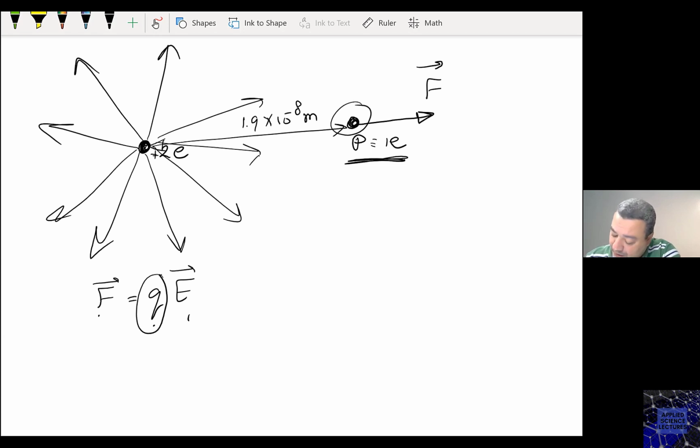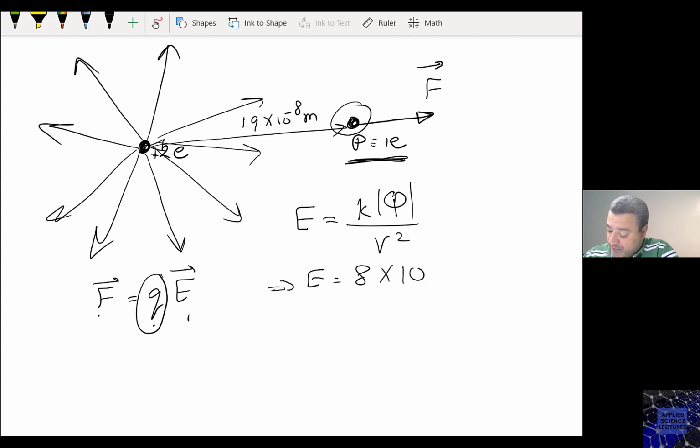Now, if we want to calculate this magnitude, we'll find first the field, K Q divided by R squared, where we have the electric field right at this point equals, if you recall from what we've done in the previous two slides, 8 times 10 to the power 6 Newton per Coulomb.